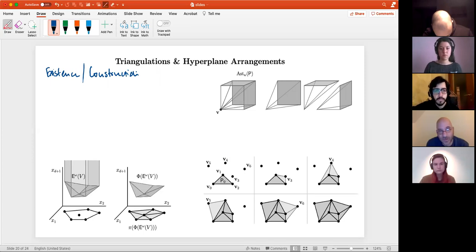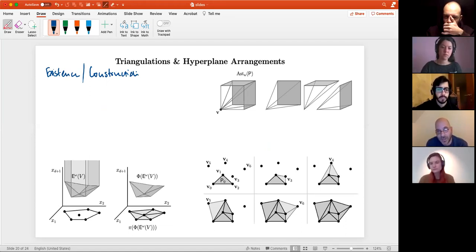Can you always find a triangulation? Can you always find a collection of simplices with nice properties such that the union is your polytope? And the answer is yes. There are various constructions, and none of them are trivial. So the theorem that every polytope admits a triangulation is a non-trivial theorem.